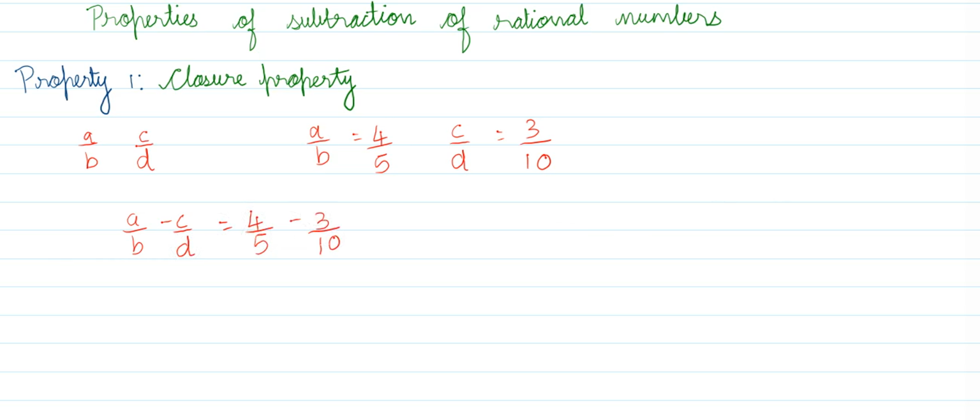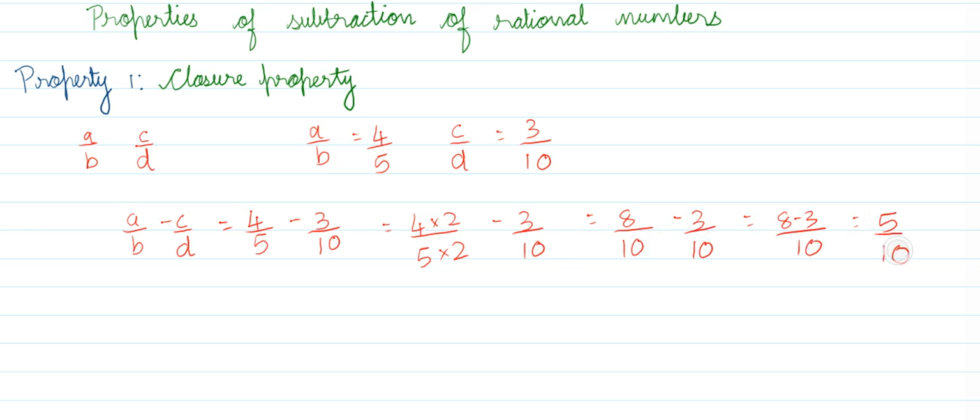So the LCM of 5 and 10 is 10. So you have 4 into 2 by 5 into 2 minus 3 by 10. So it is nothing but 8 by 10 minus 3 by 10. So our answer is 8 minus 3 by 10, which is equal to 5 by 10.